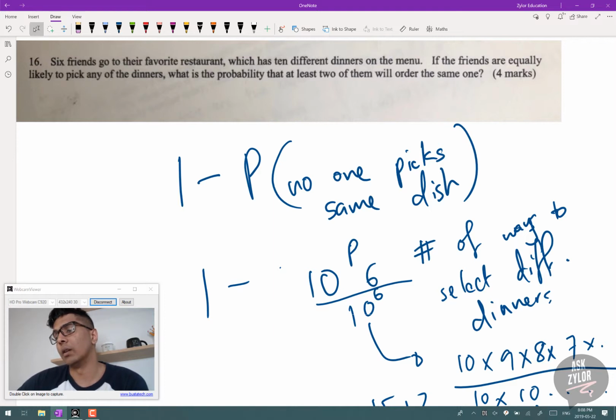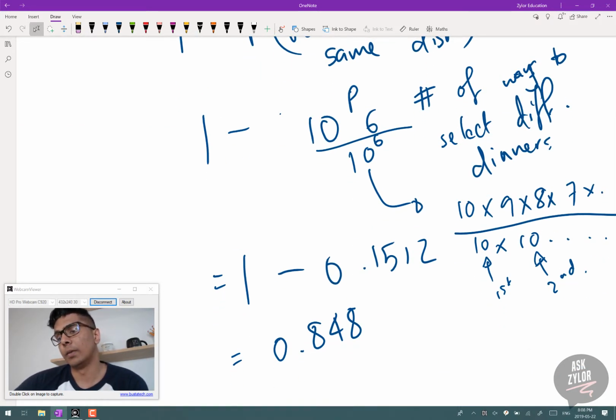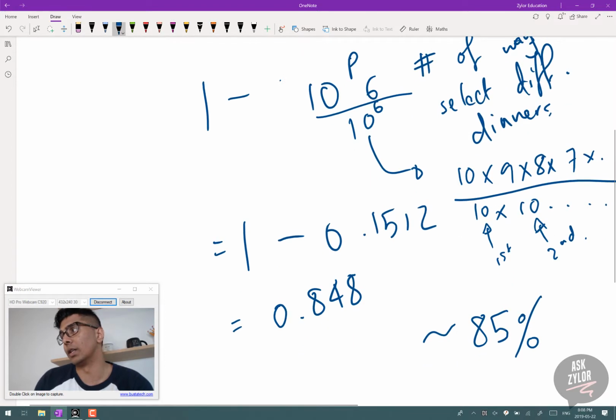So that's going to give me the number of ways to select different dinners, divided by the number of choices if they're able to select the same dinner. So that ends up being about 0.15. So when I do 1 minus that, it's 0.85, right around about 85% chance that at least 2 will select the exact same dinner.